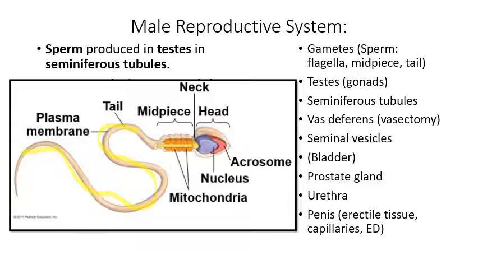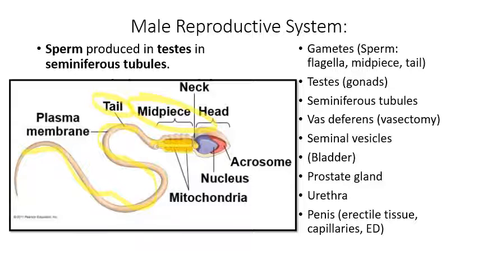So this tail is powered by ATP, just like any other movement in the body is. And so we have the tail, and then we have the mid-piece. Within the mid-piece, we have about a dozen mitochondria. They're like the jet engine that's powering that tail. And so those mitochondria that have been packed in there are there to power the tail.